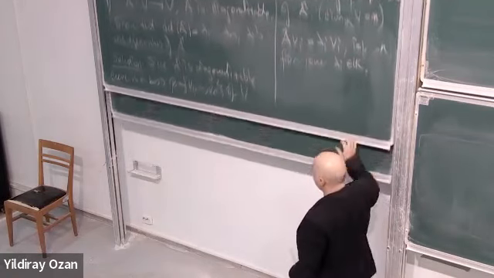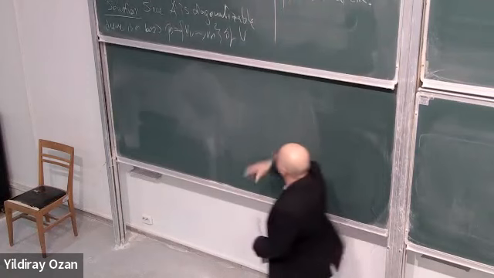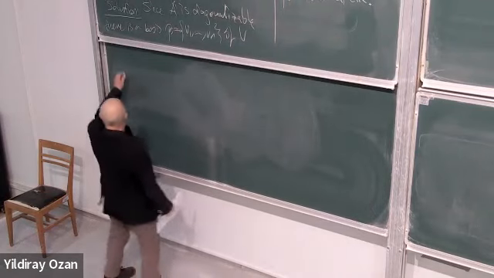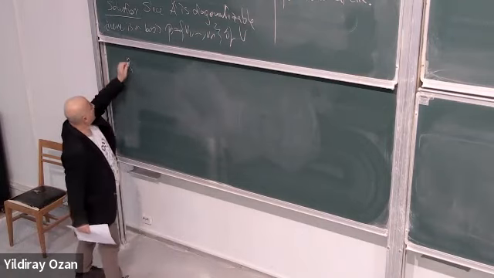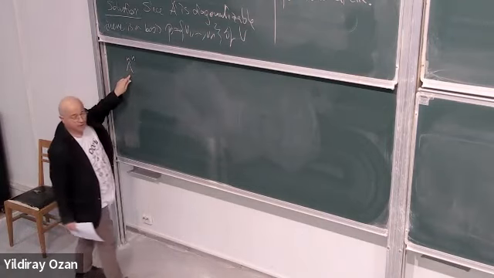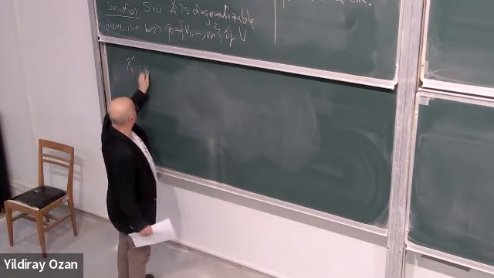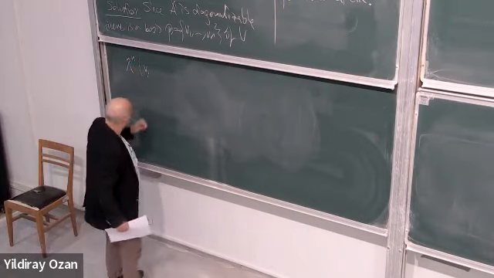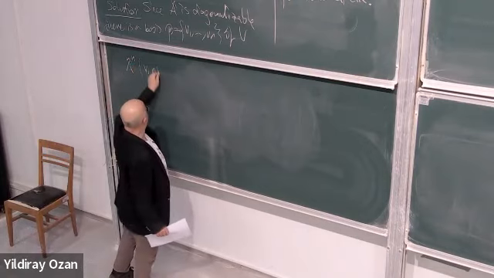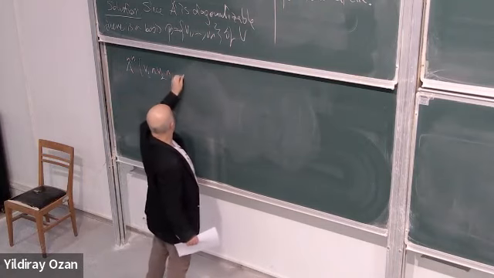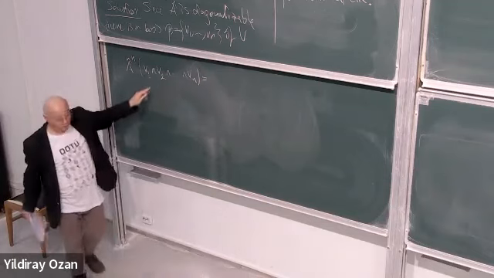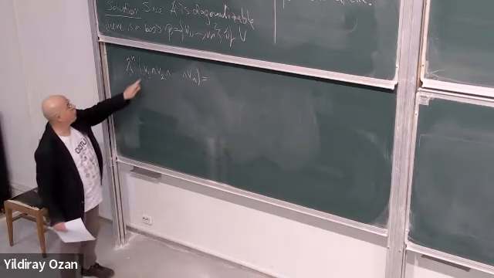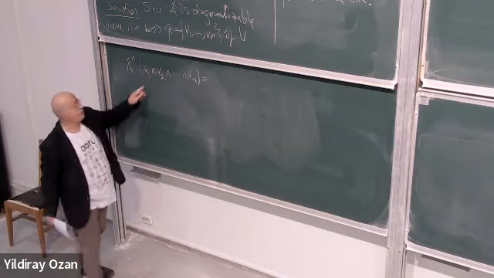Okay, now how can we determine the determinant? Well, for the determinant, we have to look at the n-th exterior power. We look at A hat n-th power applied to the vector, which is just the exterior form of these vectors, right?